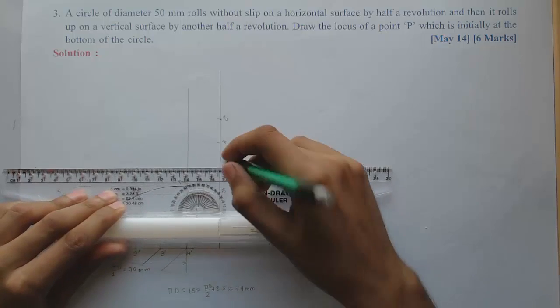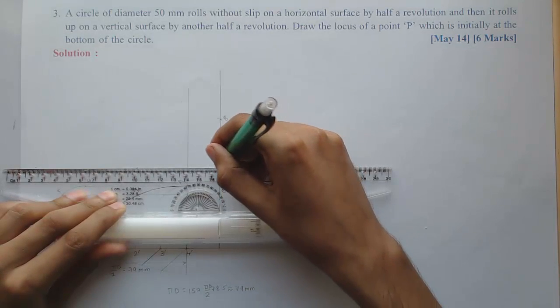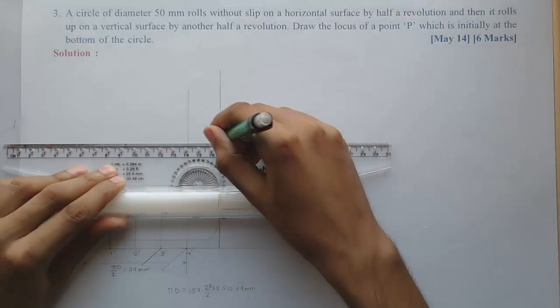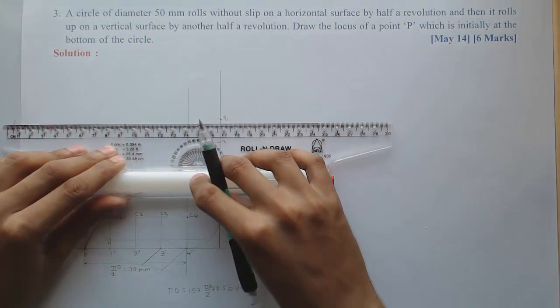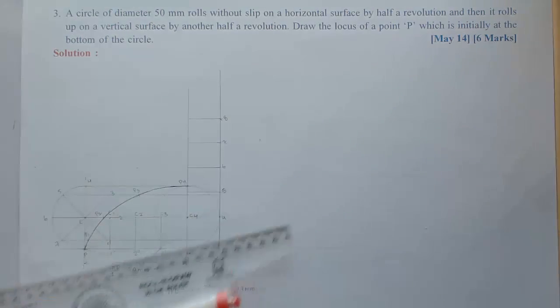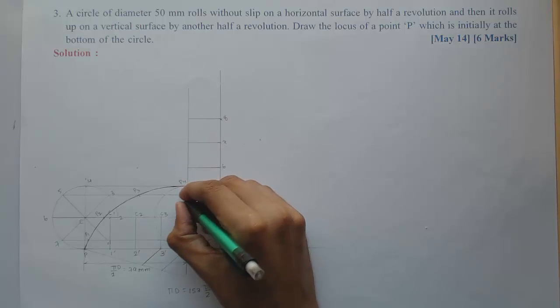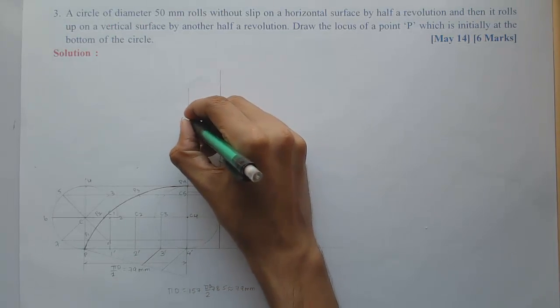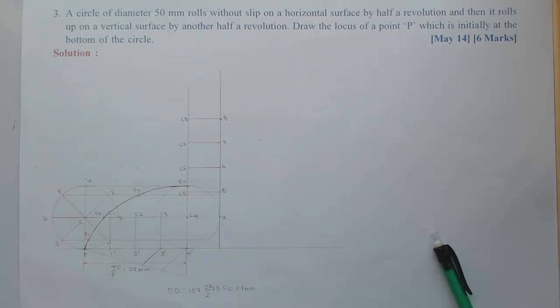From 6 we can locate C6. From 7 C7, and from 8 the final position of the center C8. So this will give me new position C5, C6, C7 and C8 along the vertical center line.